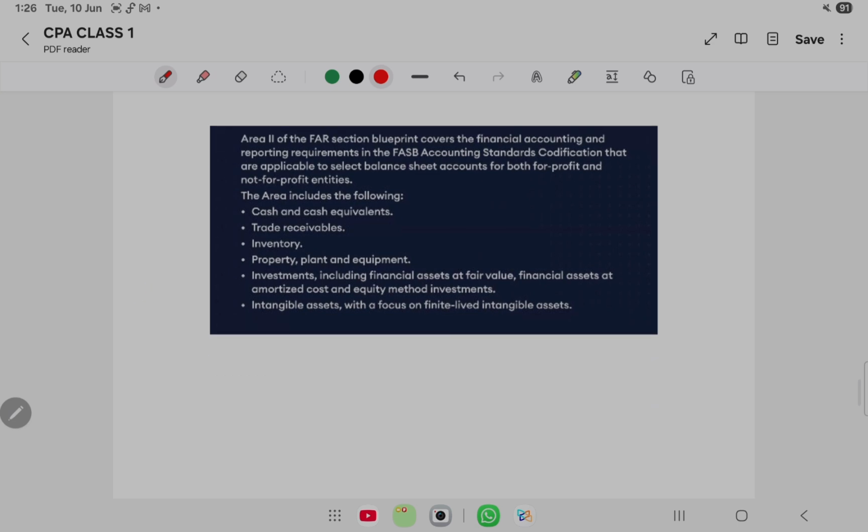Now area 2 covers the financial accounting and reporting requirements of the balance sheet accounts. What do you mean by balance sheet accounts? On the face of the balance sheet you see some items that include the cash and cash equivalents, trade receivables, inventories, PPE, investments at fair value, or the amortized cost method, also known as AMC method, equity method investments, intangible assets.